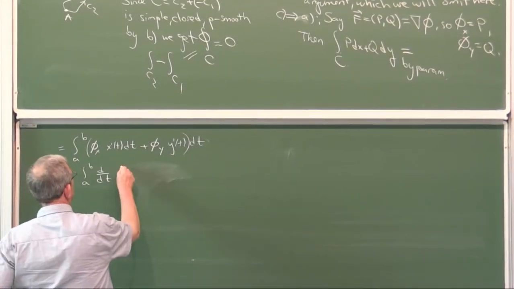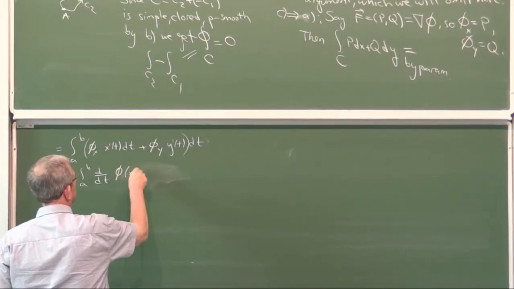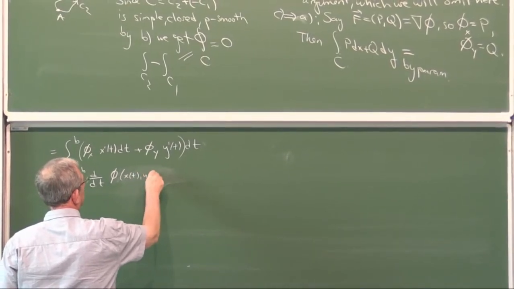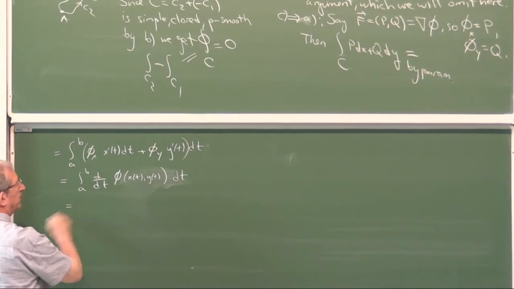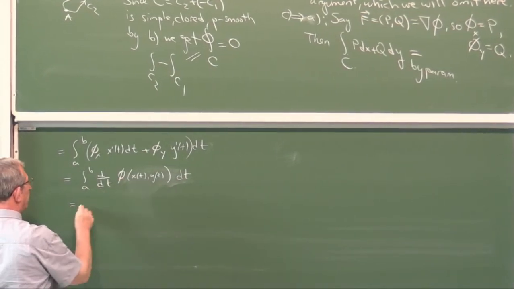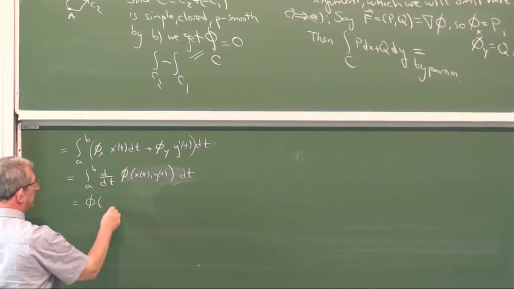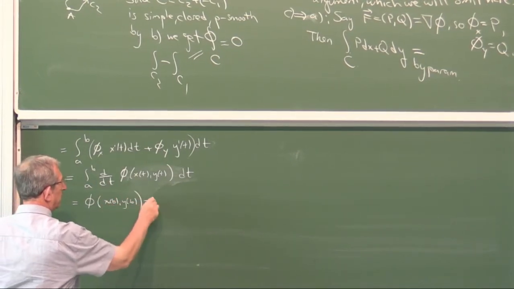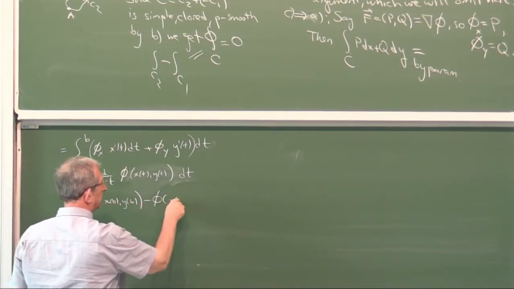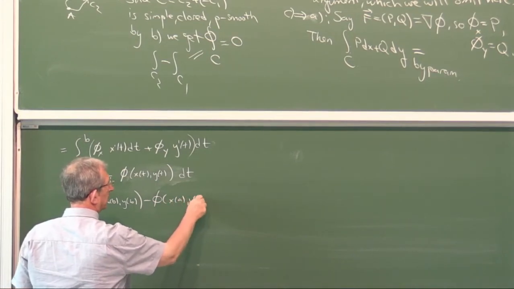It just says that this is phi of x of t and y of t, which certainly means that we have phi at x of b, y of b, minus phi of x of a, y of a.